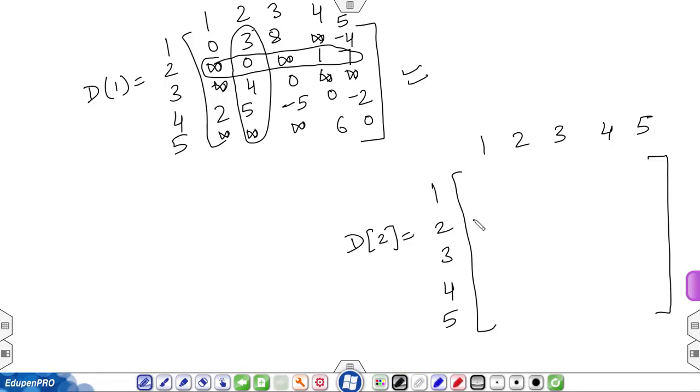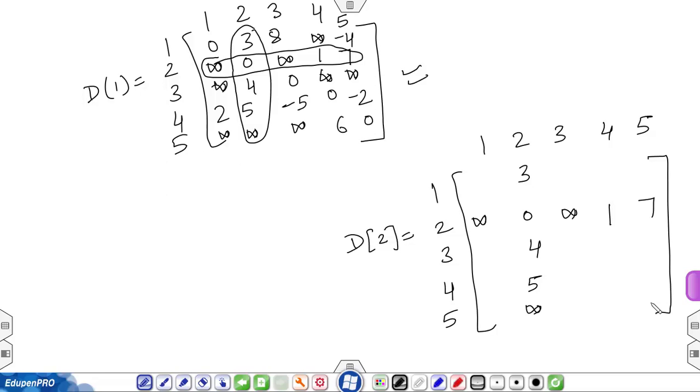So what's the answer here? Infinity, 0, infinity, 1, 7. Now 3, 0, 4, 5, infinity. Now as we have done earlier, in any row, if there is any infinity, then that row will remain the same. The same thing is applied to the columns.